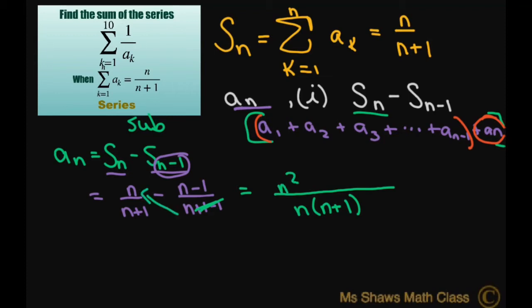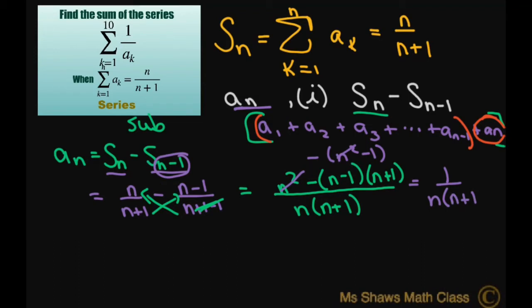You multiply those two, and when you multiply those two, you're going to get minus n minus 1 times n plus 1. All right, let's see what this is. This right here is just going to be minus n squared minus 1. And so the n squares cancel out, and we're going to get 1 divided by n times n plus 1.